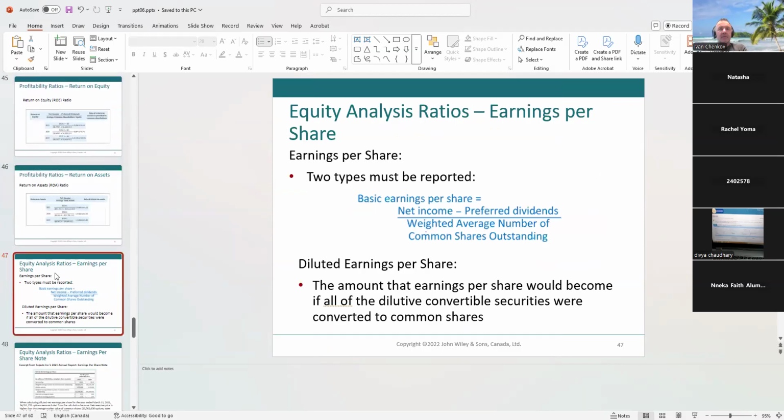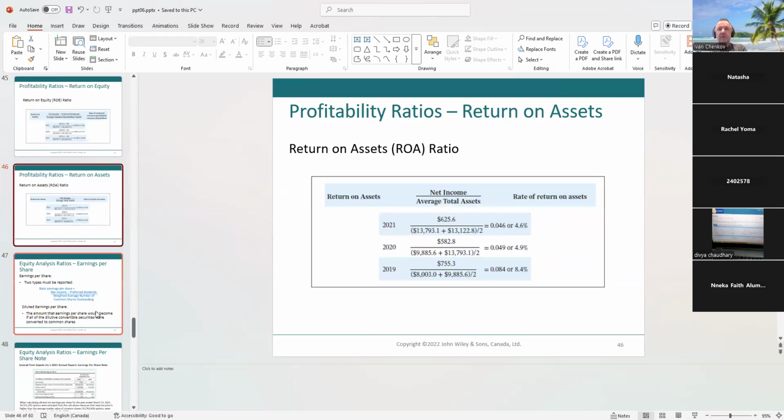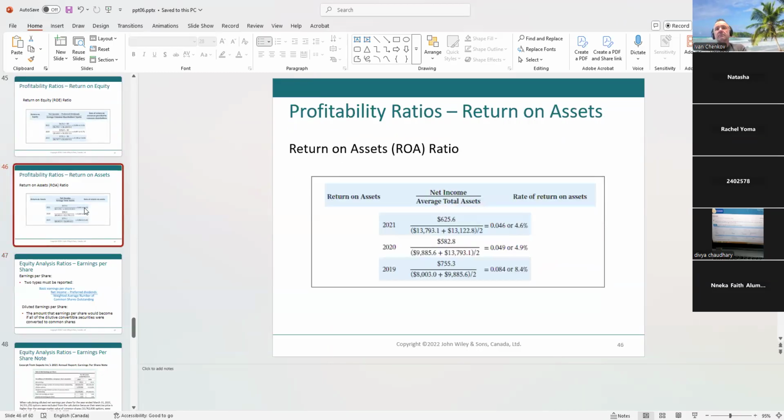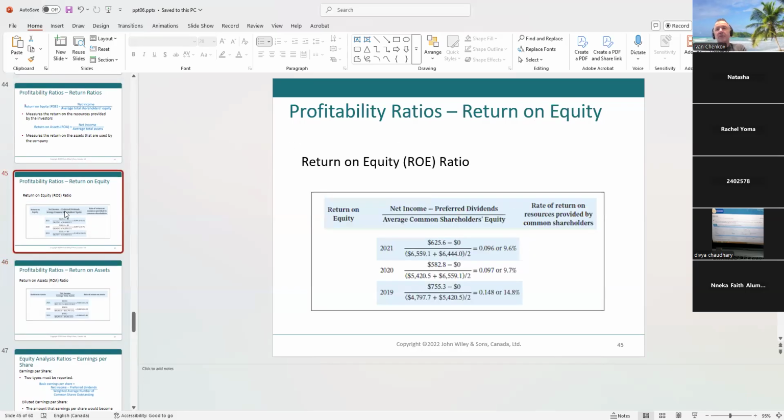Let's keep going with those equity earnings ratios. Next one is return on equity.